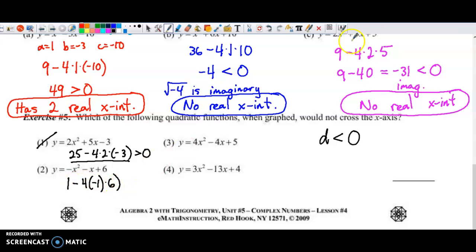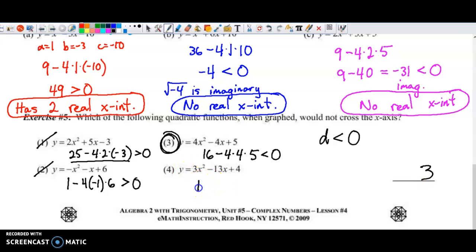Okay, we're going to get a positive number there. And if you don't believe me, try it with a calculator. We don't want a positive. So the next one, -4 when you square is +16 minus 4ac. All right, well, 8 times 5 is a number that's bigger than 16, so we will get a negative. That's the one that does not cross the x-axis.